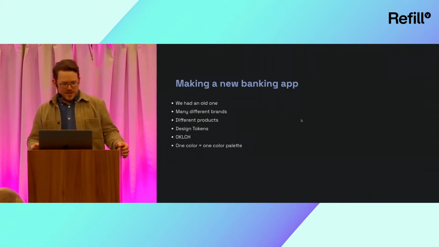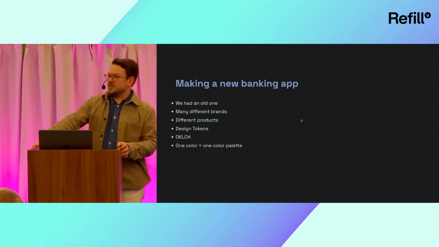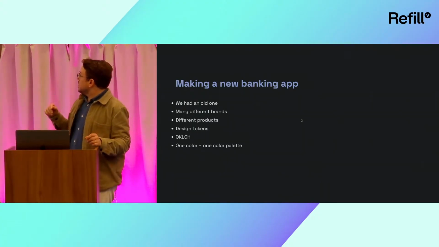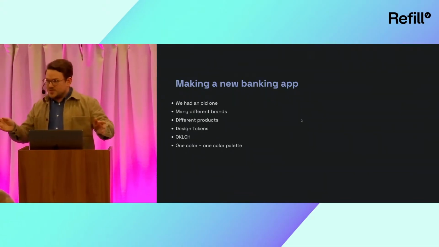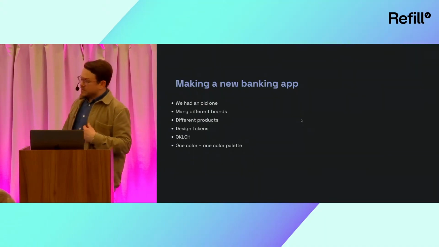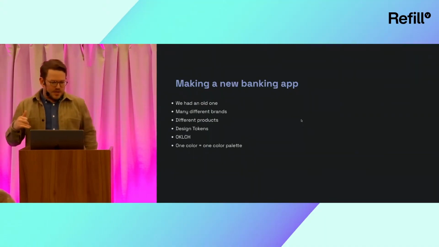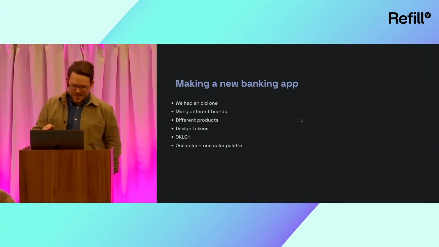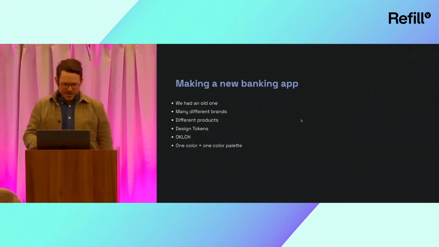But we got to do a new take on this, and I was fortunate enough to work with a really great designer who did a lot of work on design tokens. Lene, for those of you who know her. And we began to experiment some with OKLCH. I'm just going to say OK, because saying OKLCH is going to take a lot of time.